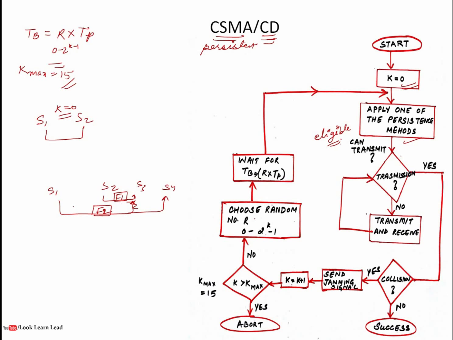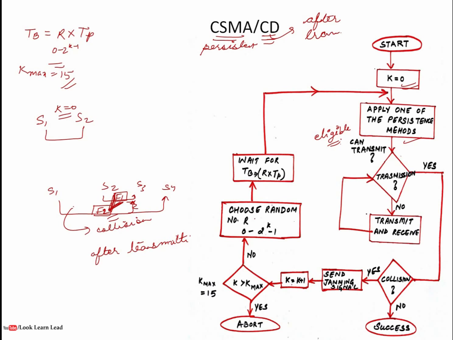When both are sending the frame and the frames get overlapped, this is called collision. The collision always occurs after transmission. So collision detection is after transmitting.